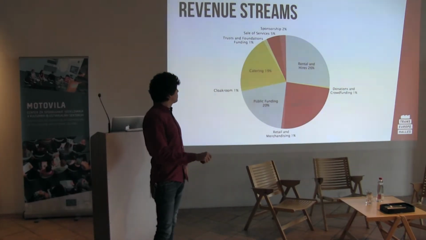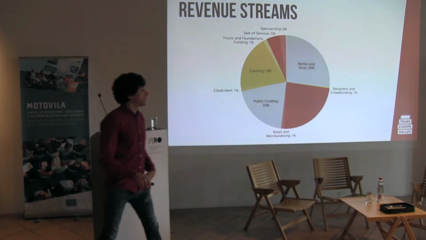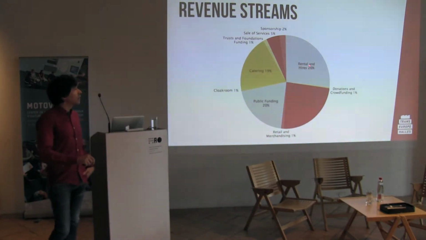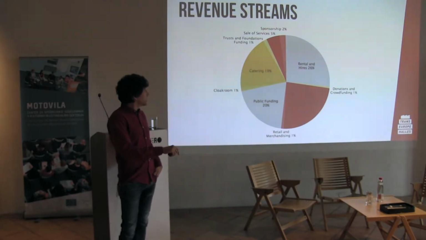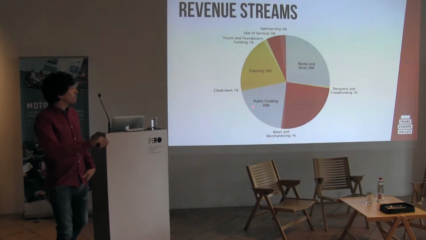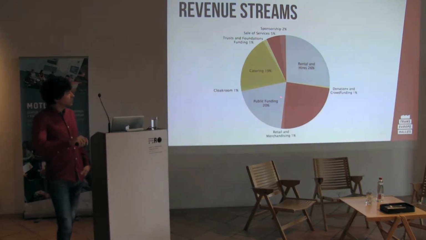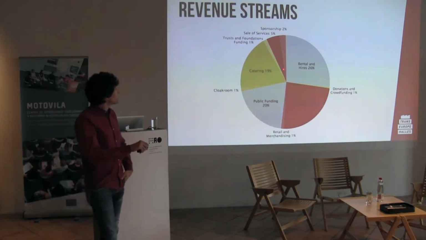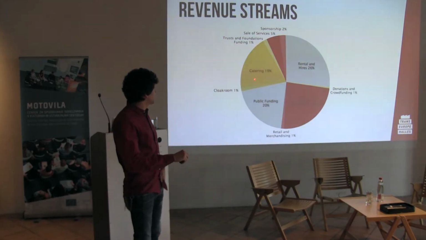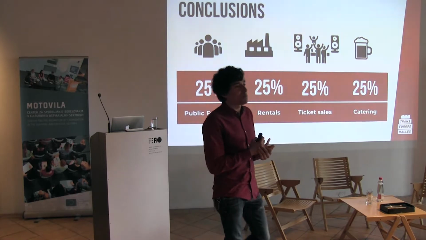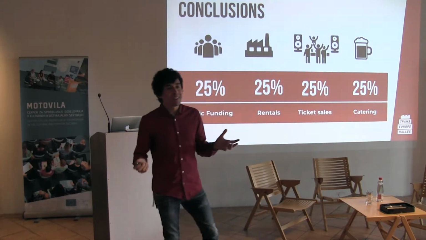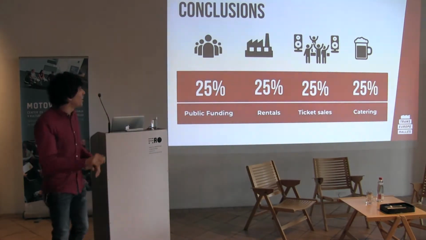And finally, this is how they make the money. So basically, rental and hires 26%, tickets, sales of tickets and participation projects 24%, public funding 20%, and catering and bars, etc. 19%. Our first hypothesis was more or less confirmed in a way.